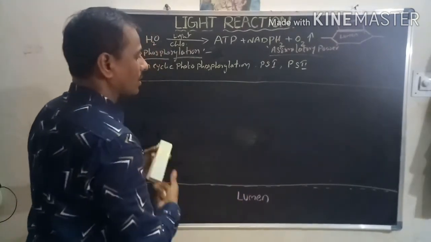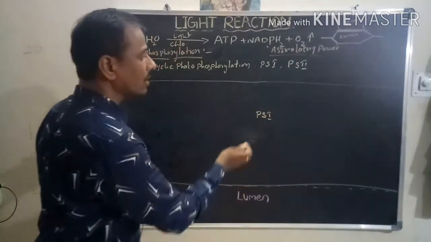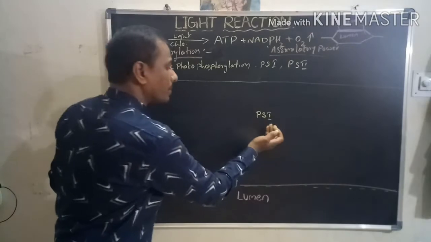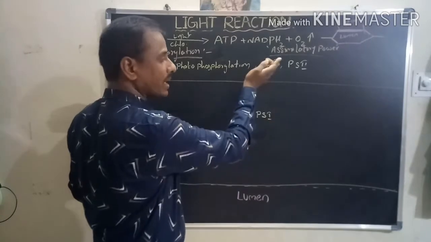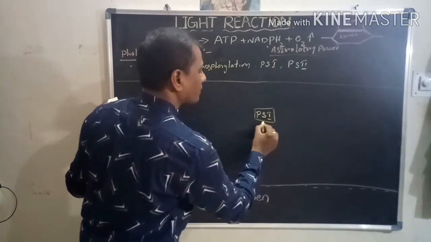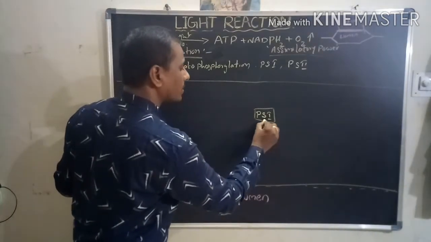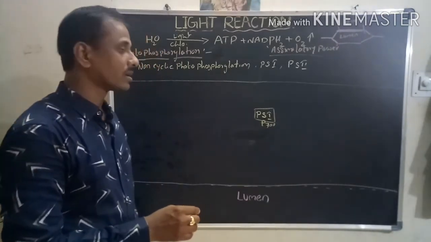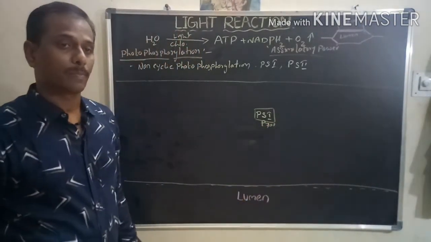I will show here. Generally, photosystem 1 is located outside of the membrane, that means on the stroma side. PS2 is located near the lumen. PS1 is also called P700 because it receives red and far red light, that is 700 nanometer wavelength of light.